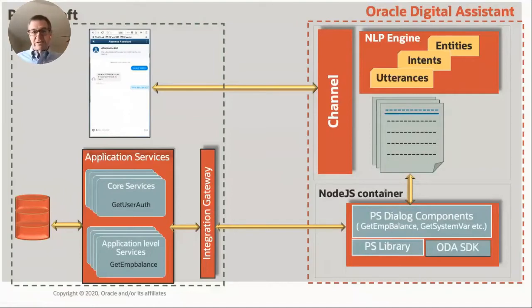It's a PaaS product. You're going to subscribe to it. There are different subscription options. We talked about those in the tools roadmap. I'm not going to get into that, but if you'd like more information, you can meet me in the expo, or there are several sessions going on where you can get more details. So you need a license for the Oracle Digital Assistant, and there are many parts that need to be configured.